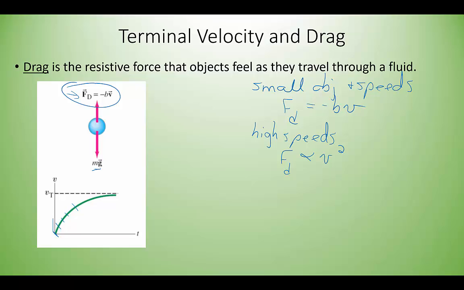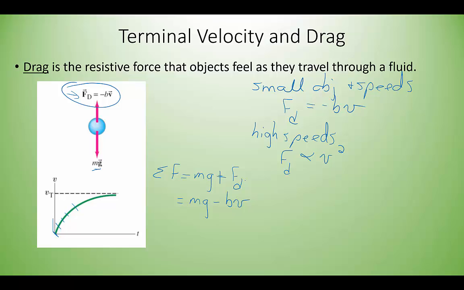If we are considering an object falling from rest through air or another fluid with gravity and the force of drag proportional to v, then the sum of the forces on the object is the weight of the object plus the force of drag, which we could look at as mg minus bv.